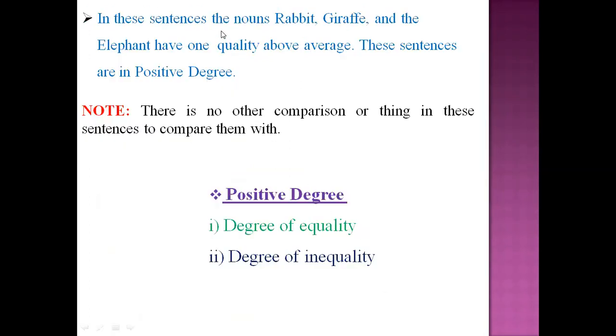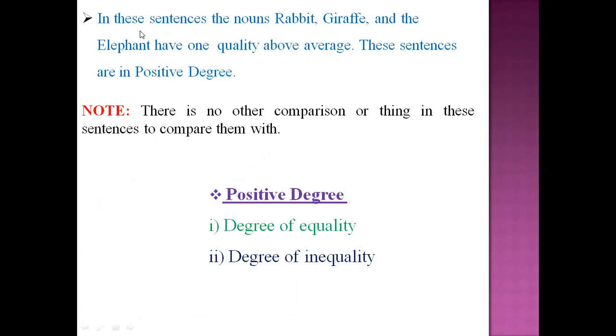In these sentences, the nouns rabbit, giraffe, and elephant each have one quality above average. These sentences are in the positive degree. We have to remember that there is no other thing in these sentences to compare them with.